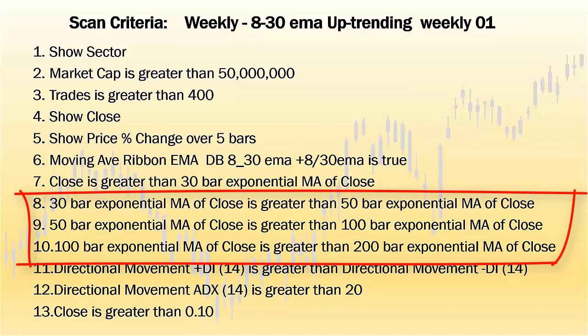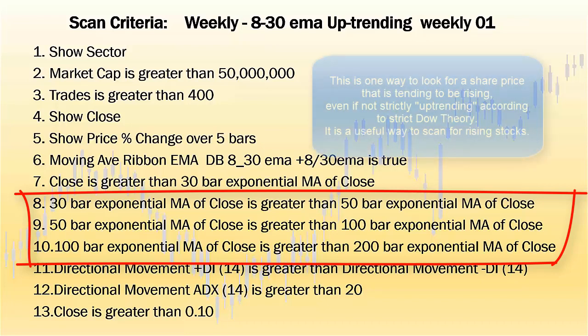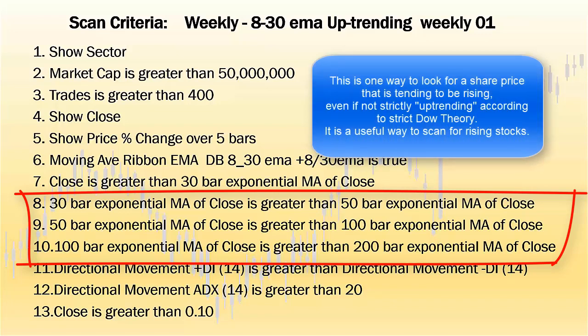David, feel free to comment on that or press on. Thank you. Yeah, I pretty well covered it all. But by doing the 30, 50, 100, and 200, if you've got them stacked above each other, it means it's in an uptrend. That's simply why. You could have 30 against 60, it doesn't matter.